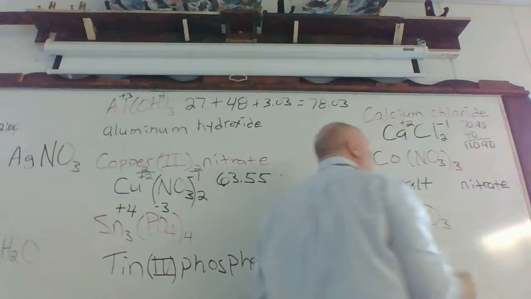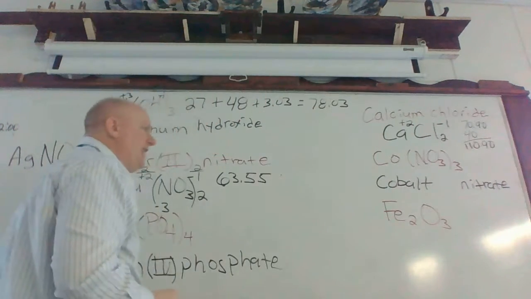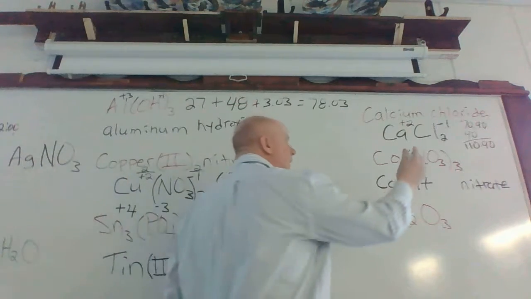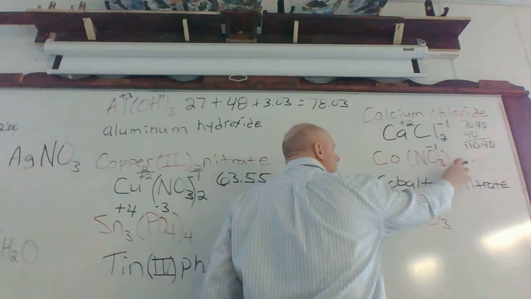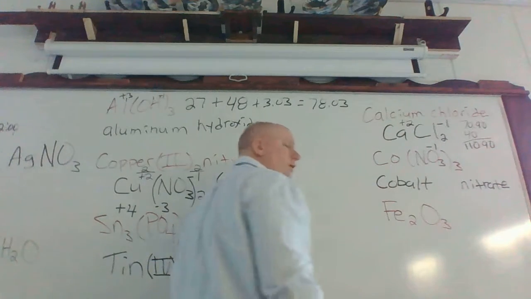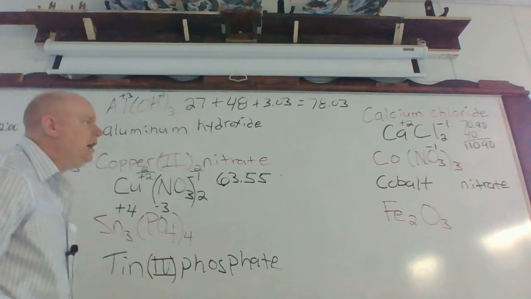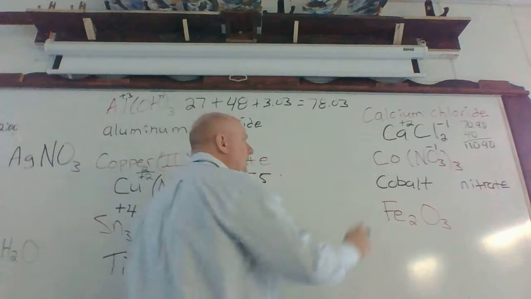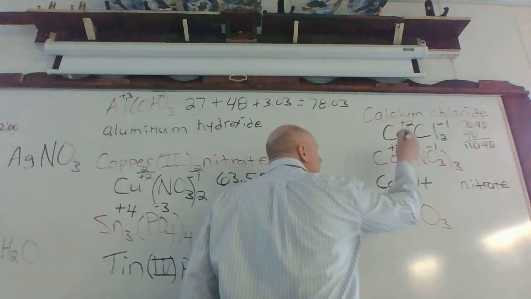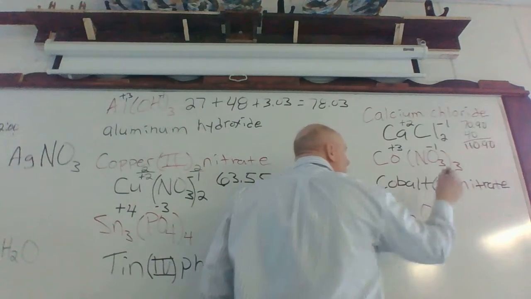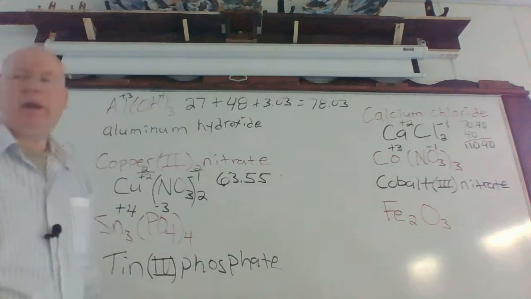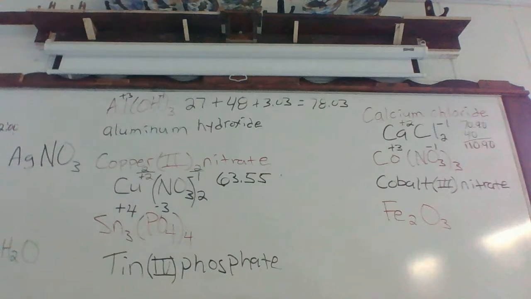Remember we said begin with your negative ion, which nitrate has a -1. -1 times 3 gives us an overall charge of -3. So therefore, cobalt has to have a +3 charge. So this would be cobalt(III) nitrate.